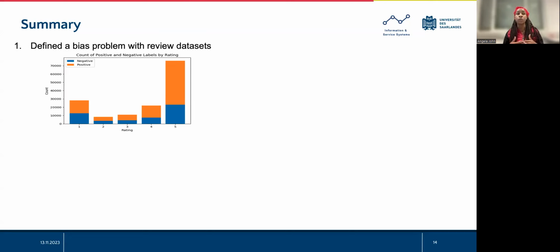Because in the normal case, we could expect a highly rated product to have the most positive reviews, and a product with a very low rating to have negative reviews. But this is not what was shown if we use the normal ratings.